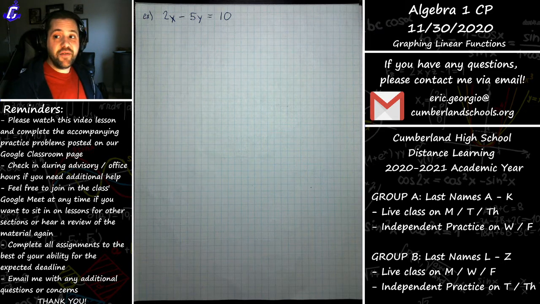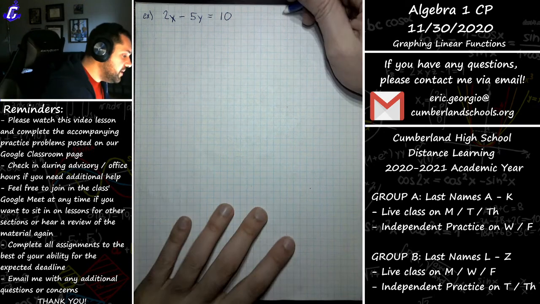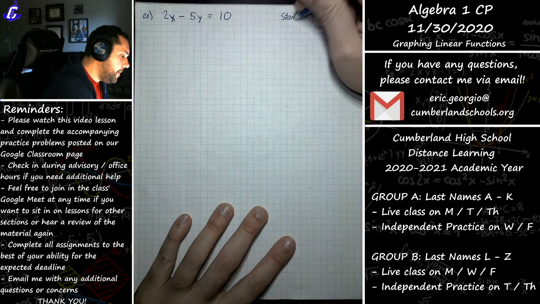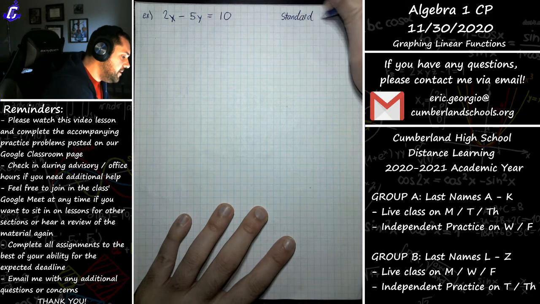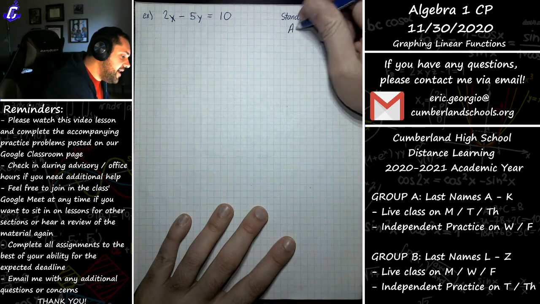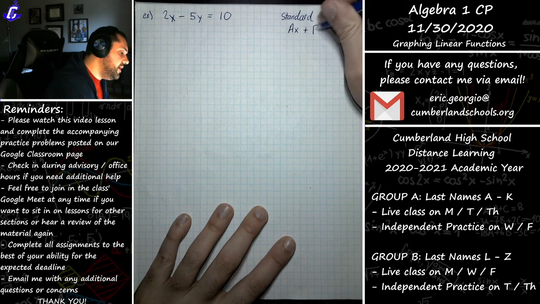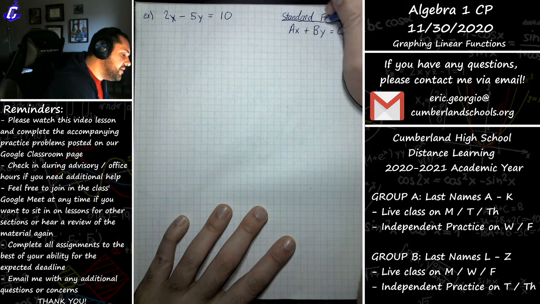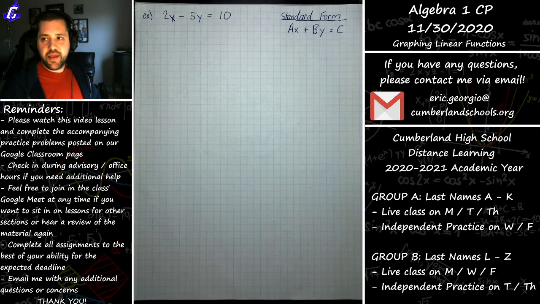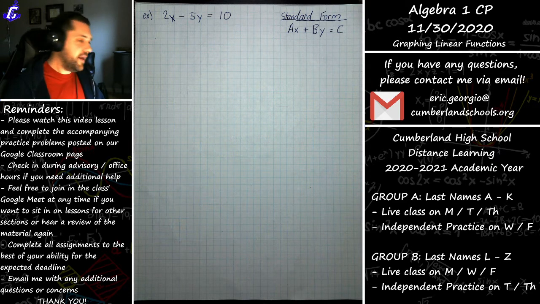Unlike y equals, clearly this is not y equals mx plus b, not like we've seen before. Unlike our slope-intercept form, standard form of a linear function is written as ax plus by is equal to c, where a, b, and c are just constants. Okay, so it's ax plus by is equal to c.